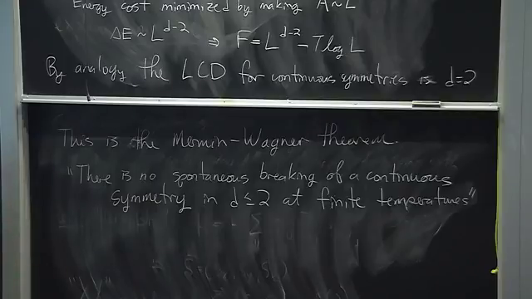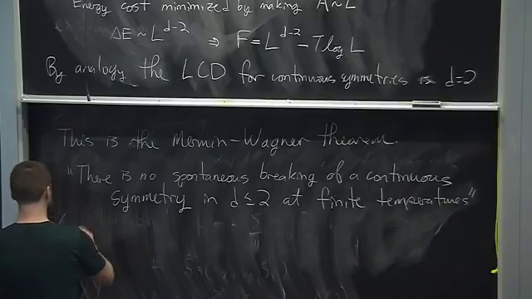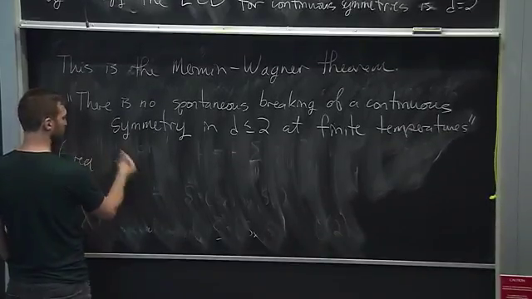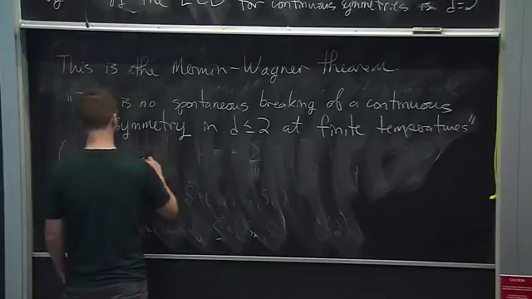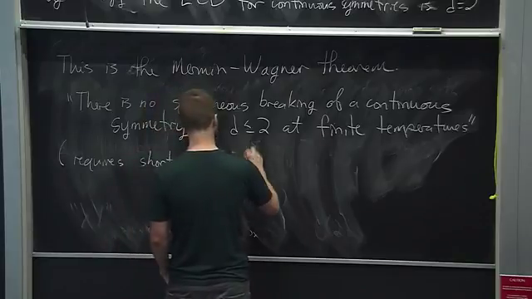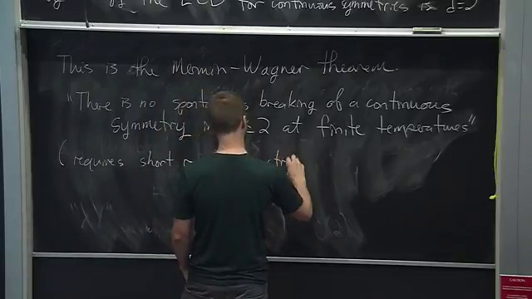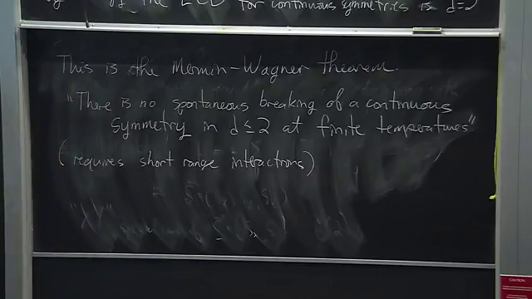The range of interactions is really important here. Let me just say this strictly requires short range interactions. But it's good to remember this statement because it's on all our quals.